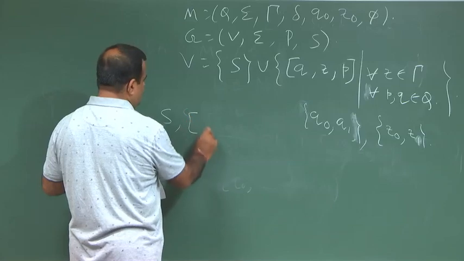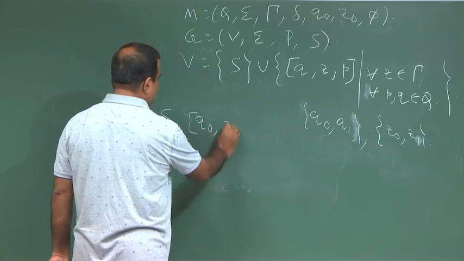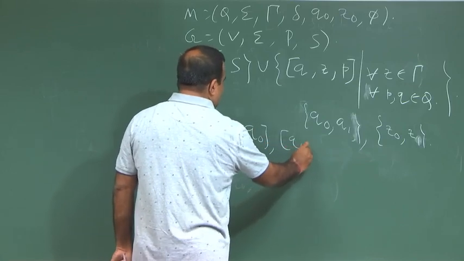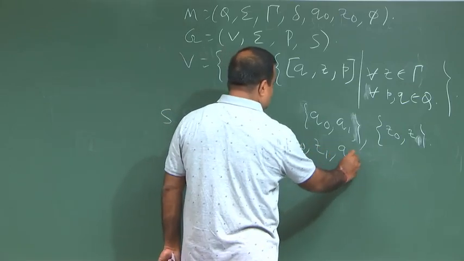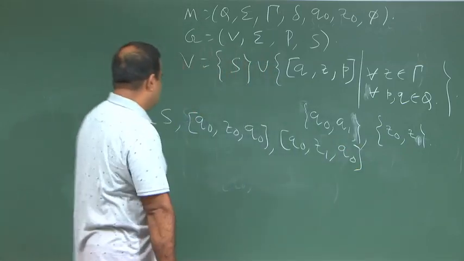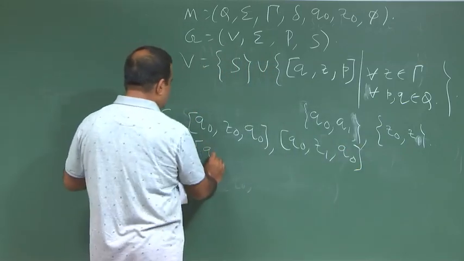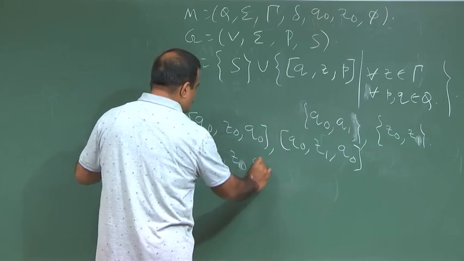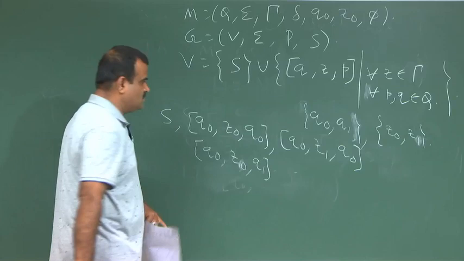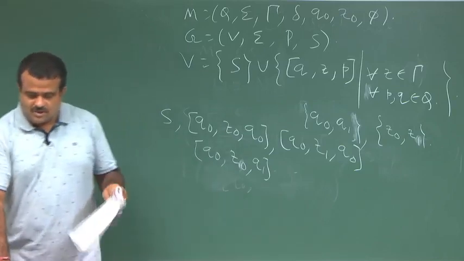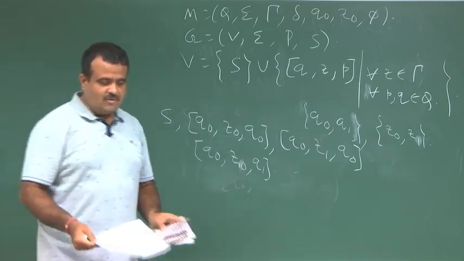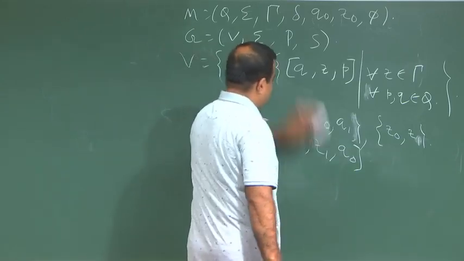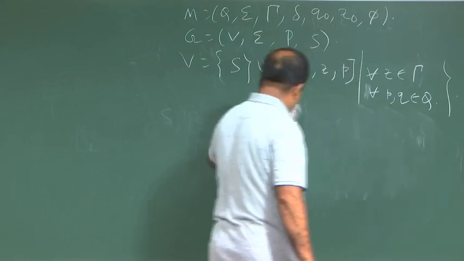V is S along with all possibilities: Q 0 Z 0 Q 0, Q 0 Z 1 Q 0, then Q 0 Z 0 Q 1. So all the possible combinations come from this. This is the way we define this. So now, how to construct the rules, that you have to see.